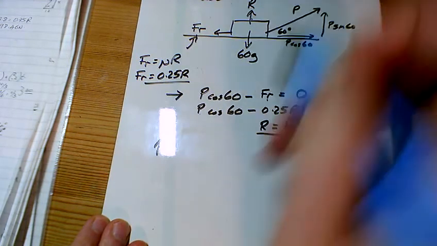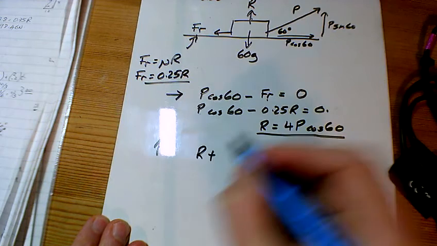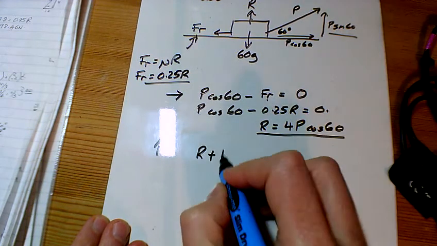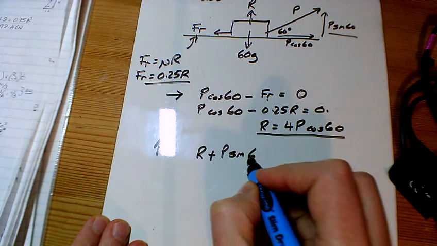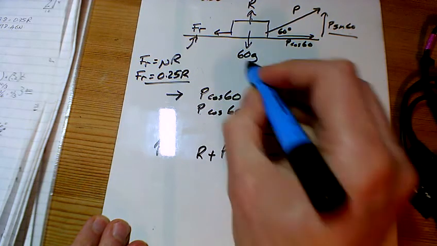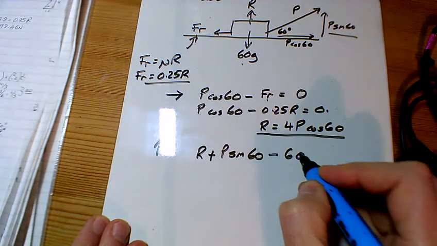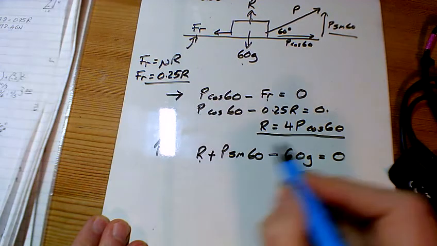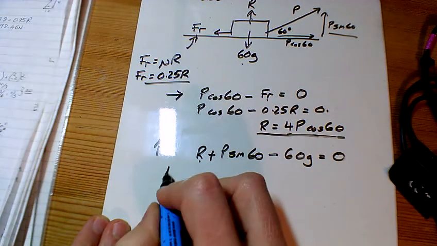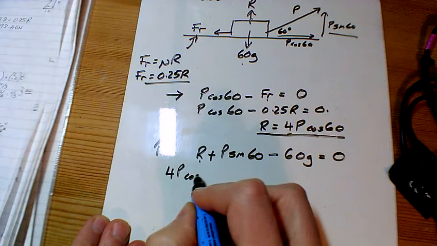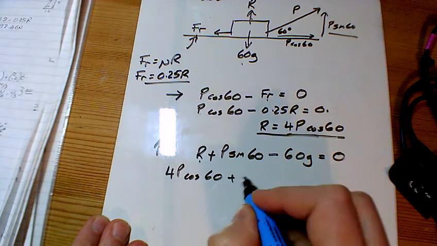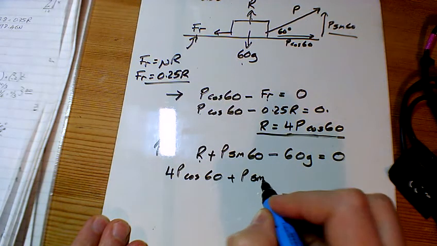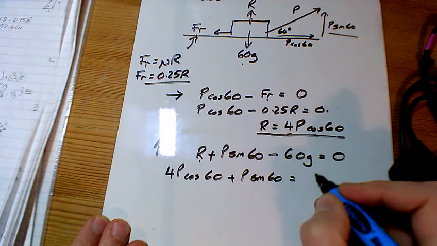The forces up are R plus P sin 60 minus the 60g, and that will equal 0. But R was this one here, so I've got 4P cos 60 plus P sin 60 equals 60g.